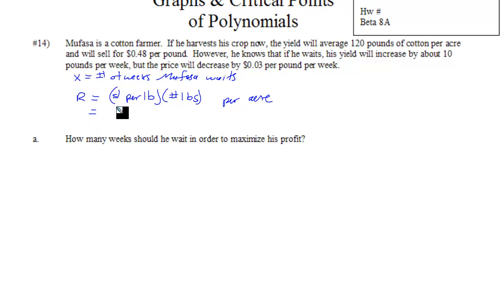He currently could sell it for 48 cents a pound, and he's got 120 pounds of cotton per acre. So if you multiply that, he would make $57.60 per acre.